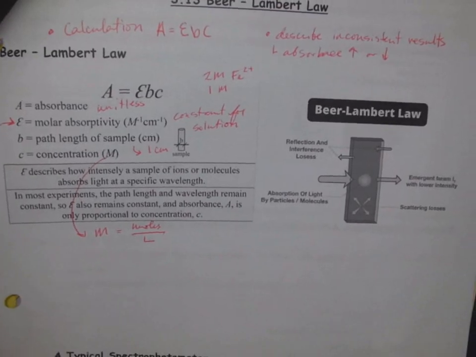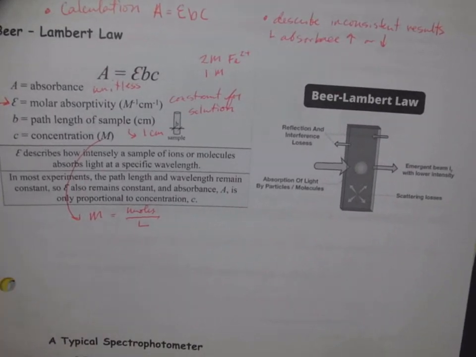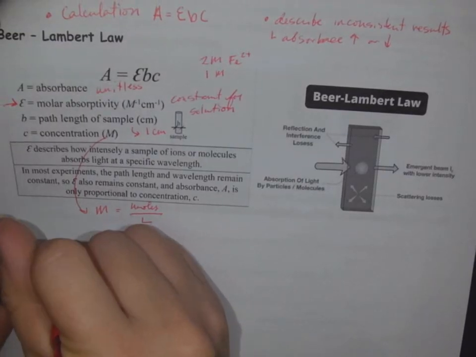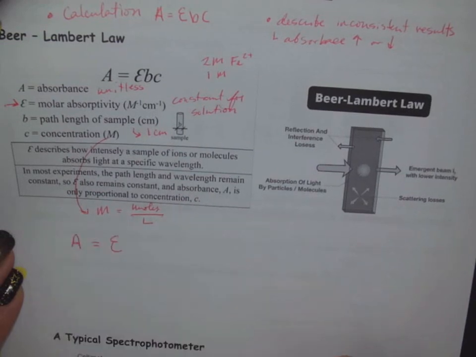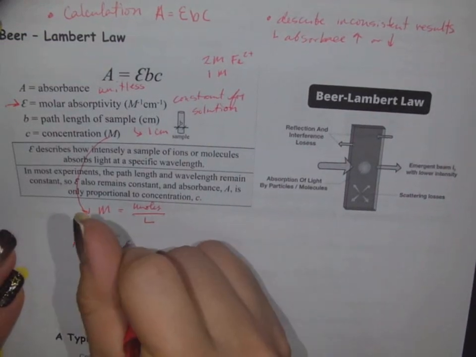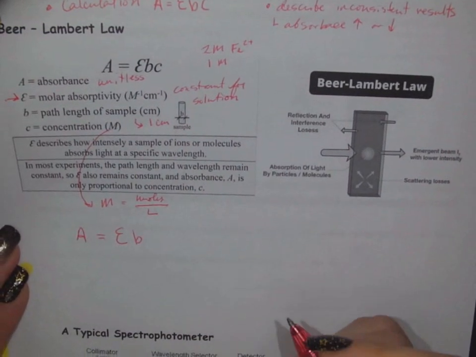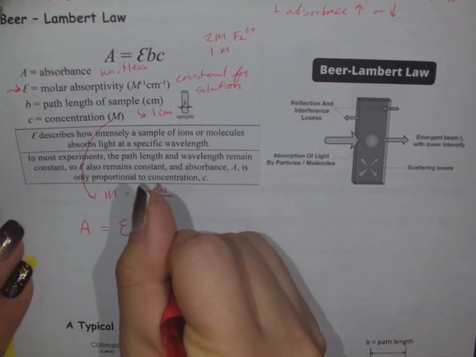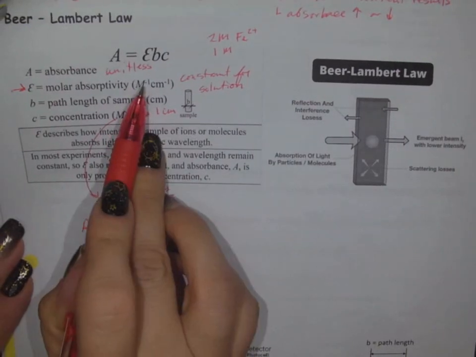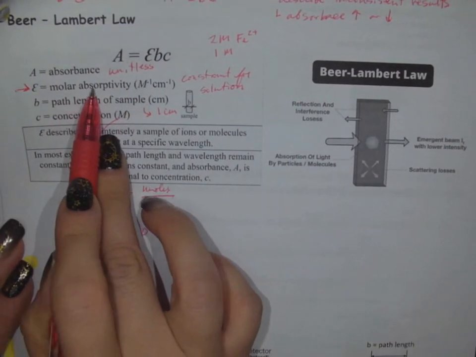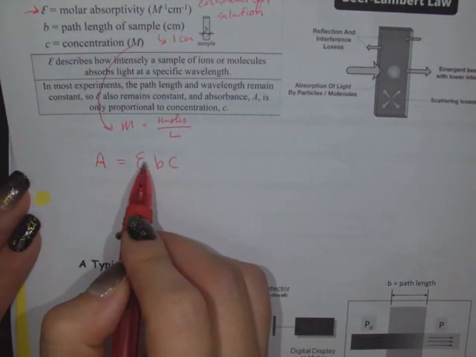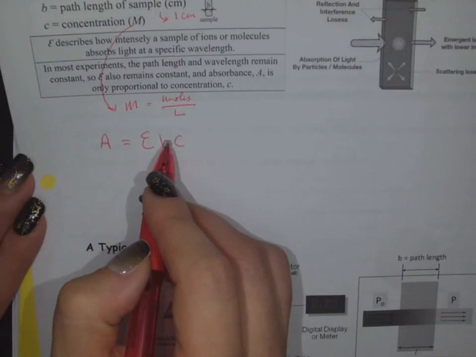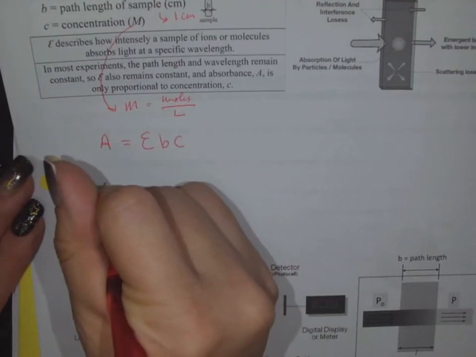Now, when working with this, it's important that you know the different units and that you know how to rearrange this equation. Absorbance, unitless, is equal to molar absorptivity, B is path length, and C is concentration. Here we've got these interesting units for molar absorptivity. Let's talk about where those came from. What if I am solving for molar absorptivity and I divide by path length and concentration?